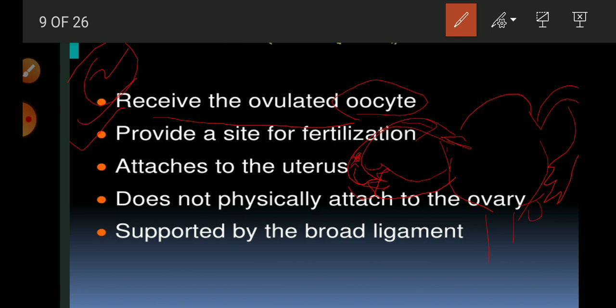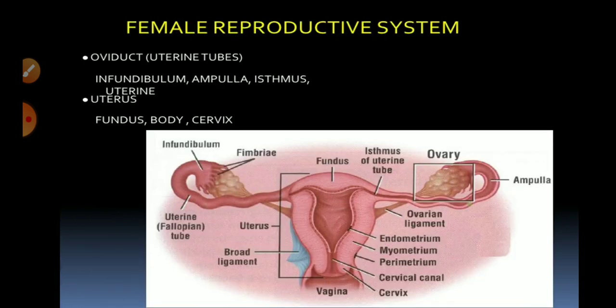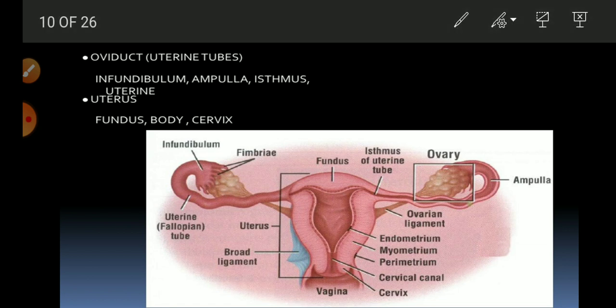They stick together with some ligaments, so they don't move from their place. They are supported by broad ligaments at the back, which support the ovaries and fallopian tubes. As you can see in this diagram, there is the oviduct, or these are called fallopian tubes as well as uterine tubes, and they are called oviducts because these are the ducts which capture the releasing oocyte.